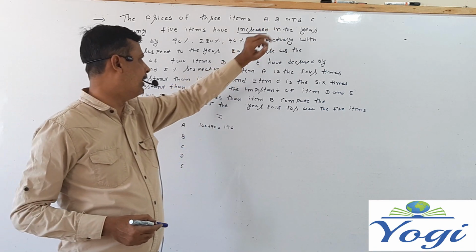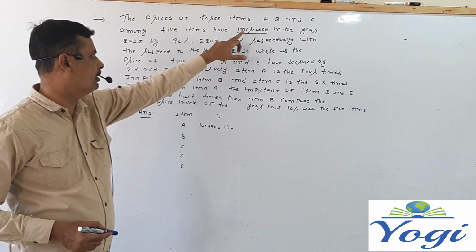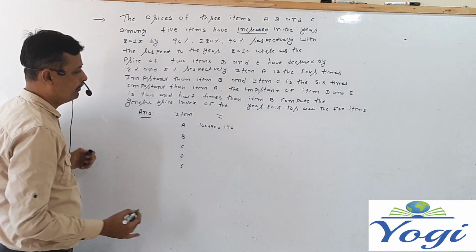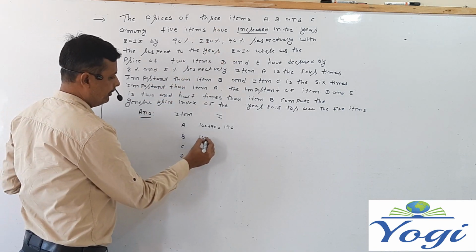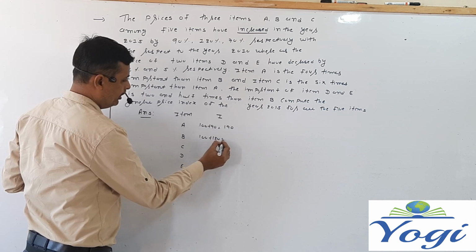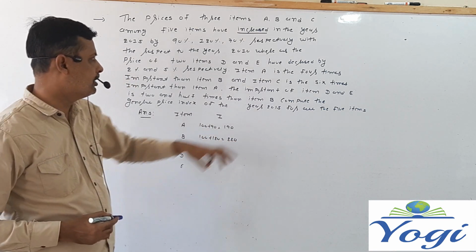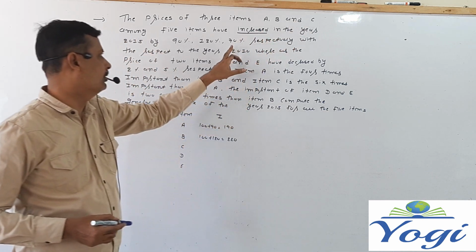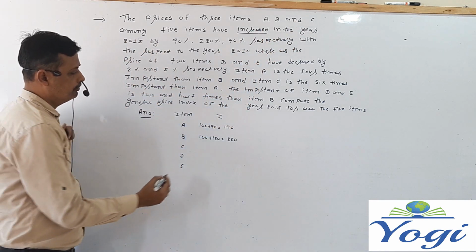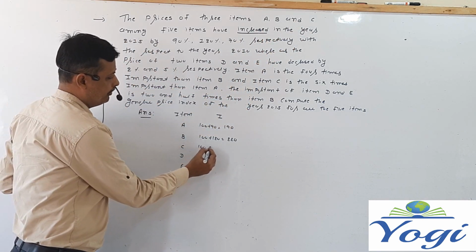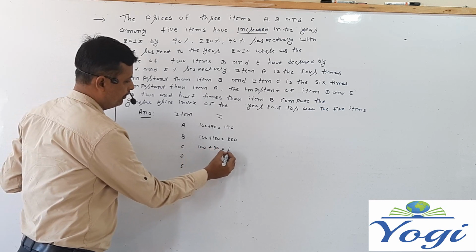Now the price of item B increased 120%, so 100 plus 120 becomes 220. And item C increased 70%, so 100 plus 70 becomes 170.